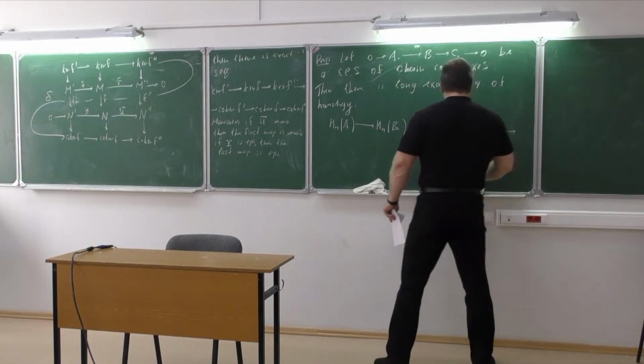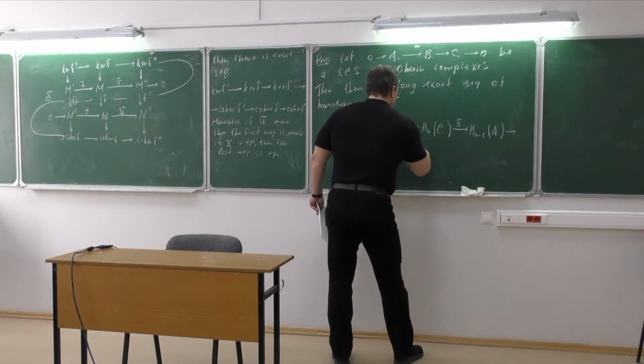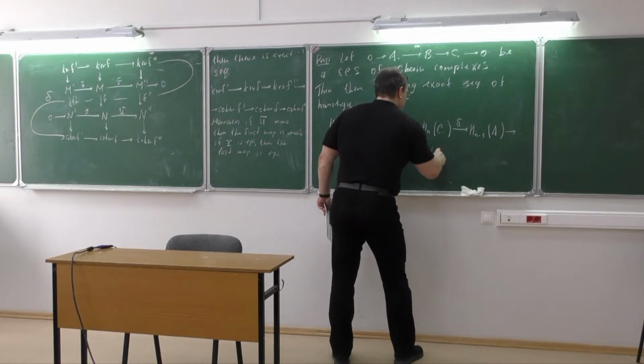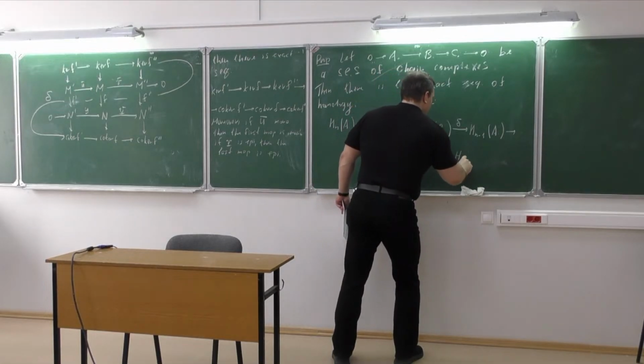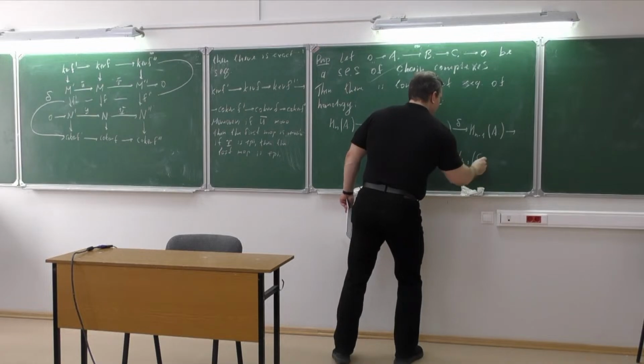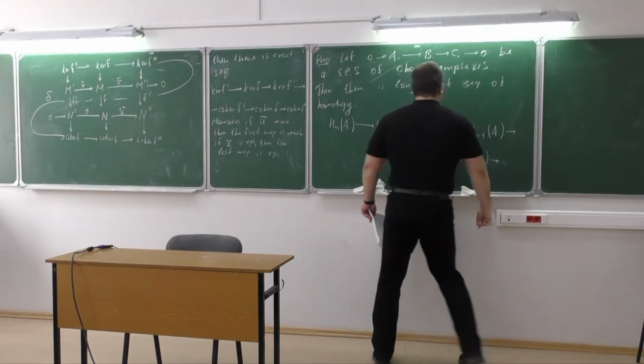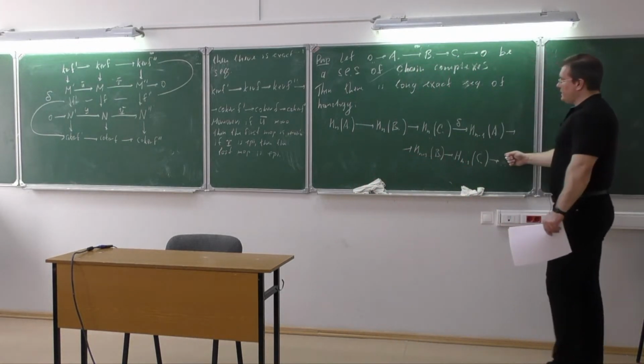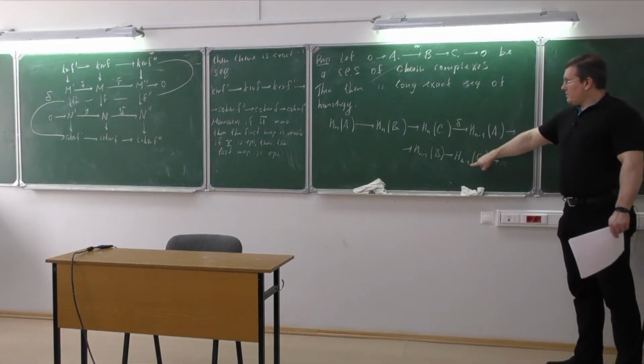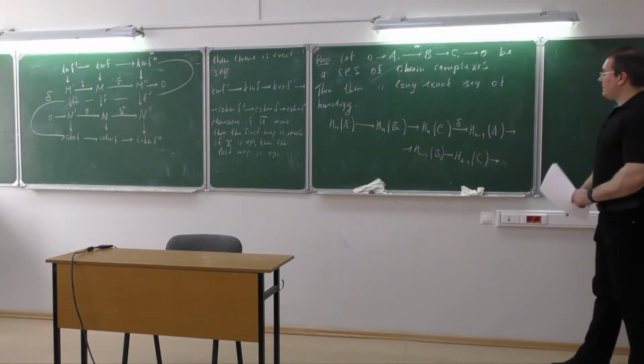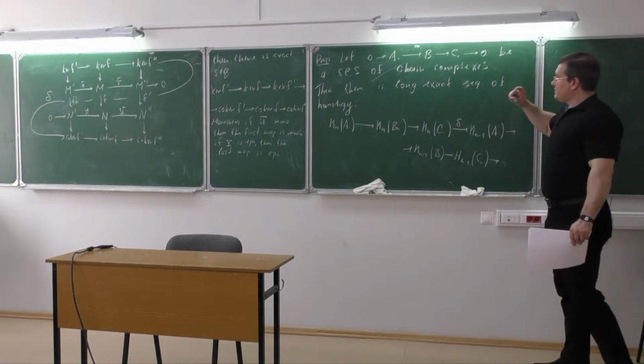And then I just repeat this. There will be H n-1 of B, H n-1 of C, and then you just repeat the construction. So there will be the next connecting homomorphism to H n-2 of A, etc. This is called the long exact sequence of homology.